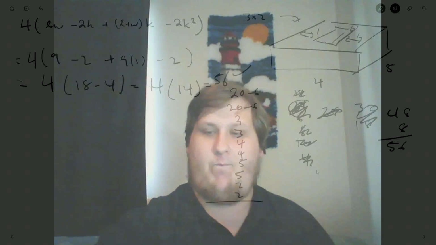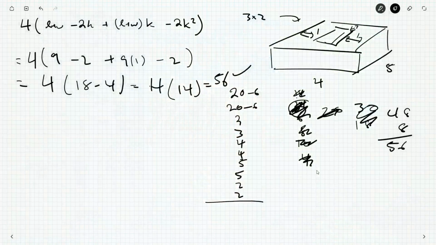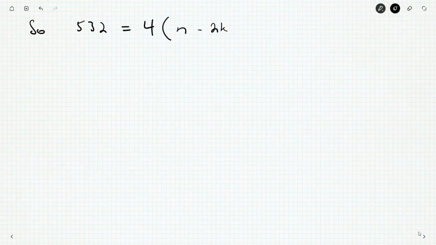Then L plus W has to be certain values, and half of the bigger ones will have to be L and the smaller ones W. Okay. So, with the factor of 4, of course, we can divide by. So 532 is 4 times n minus 2k plus nk minus 2k squared, where n is L plus W.